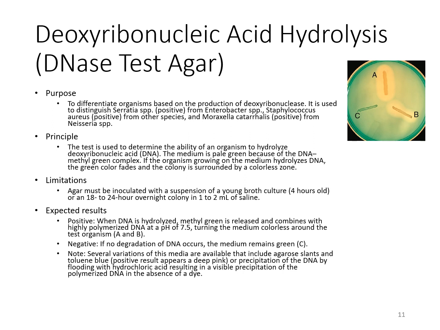And so with this particular test, when it's set up on this particular media, what you're looking for is the DNA to actually be hydrolyzed. And so what that will do is create a clearing of that media around that organism. And so if there is a clearing around it, that is considered positive. If there's no clearing, that is negative.